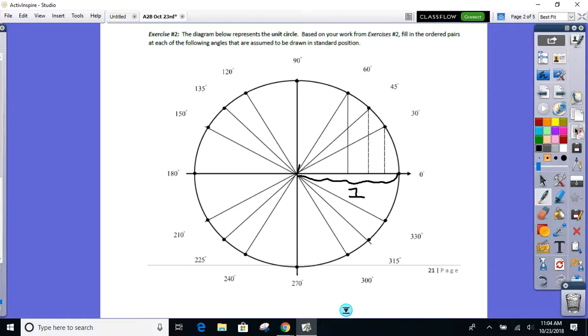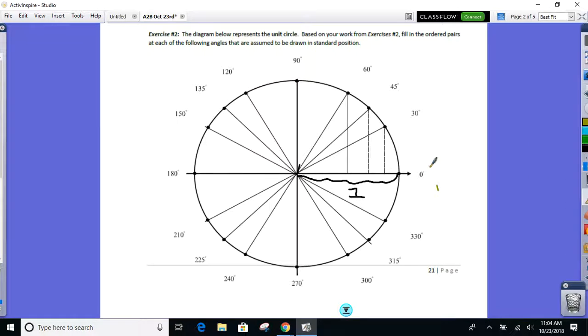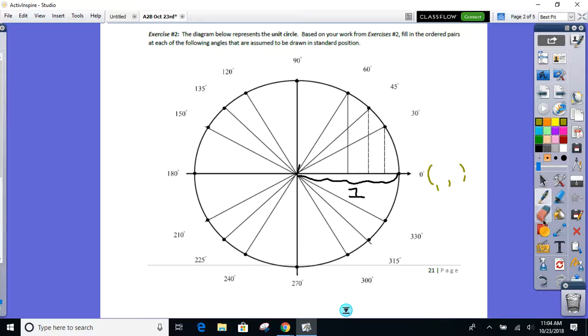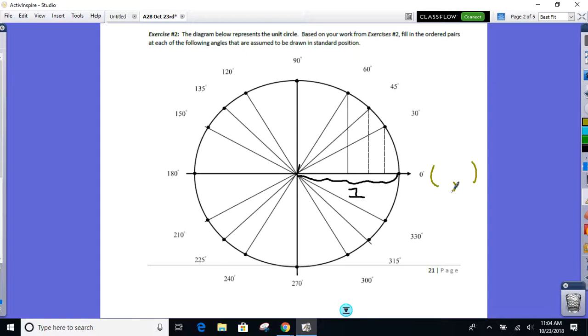So I'm first going to start off by asking, can you give me what point is right here at 0? What is that XY pair? You can do it. I have faith. This goes out to 1. Think about this as your XY axis. It goes out to 1.